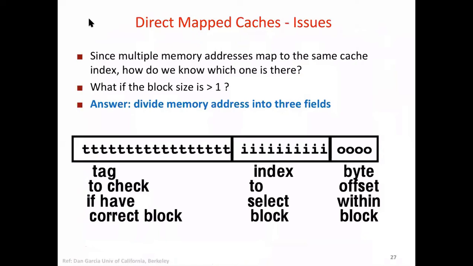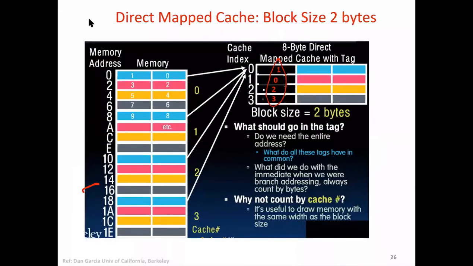Okay, we'll come back. So if this is the memory address that we are fetching, we can divide that address into 3 fields. First is the tag, because the tag distinguishes which of these, if it's a red or a blue color, right?